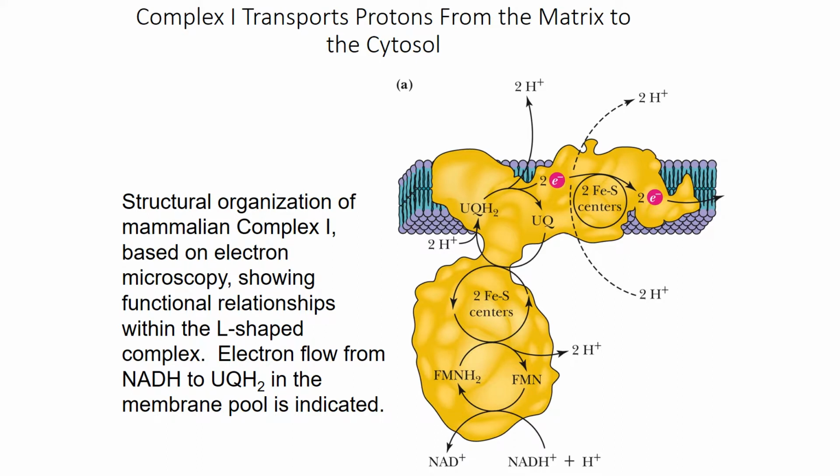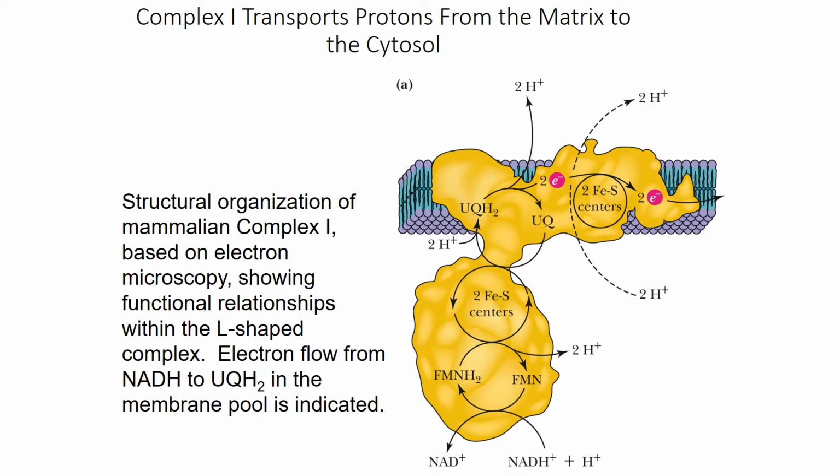Ubiquinone also has 3 oxidation states. UQ, or coenzyme Q, is fully oxidized. UQH, or QH, has picked up 1 electron, so it's a semiquinone, and then the fully reduced molecule is UQH2, or ubiquinol.